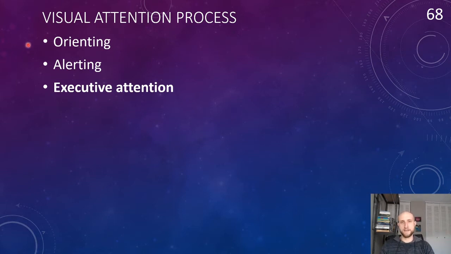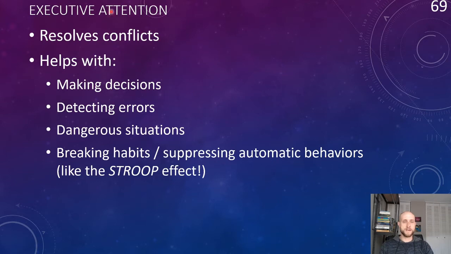That's the executive attention. The idea of executive attention is it helps to allocate resources to different things. So when I go, okay, I know that my friend wants to talk right now, but I really need to study, allocating resources is done by the executive attention.